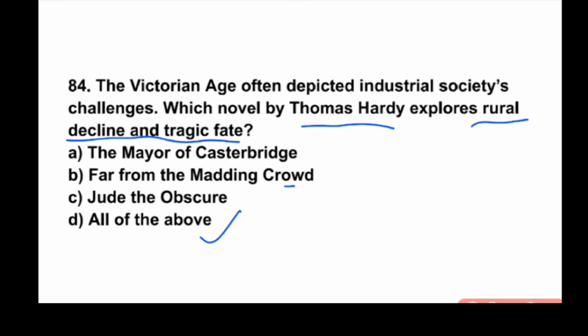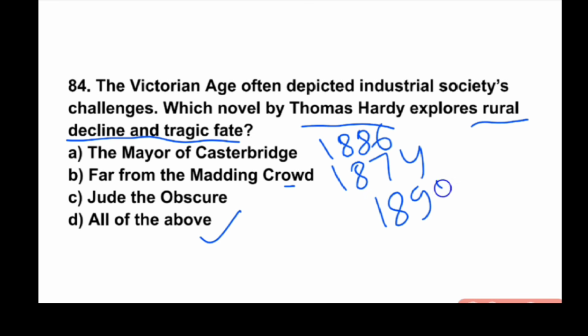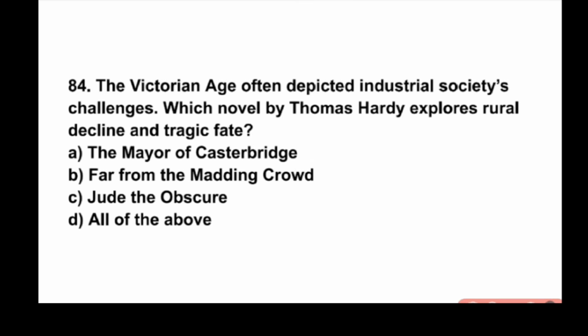Option D is the correct answer. The Mayor of Casterbridge, 1886, Far from the Madding Crowd, 1874, and Jude the Obscure, 1895. So first the Crowd, then Casterbridge, and finally Jude the Obscure came last. Next question.